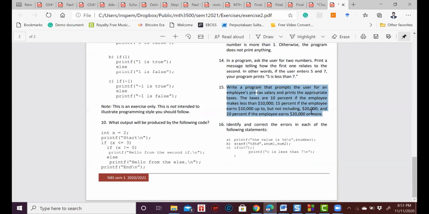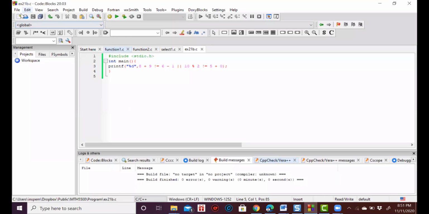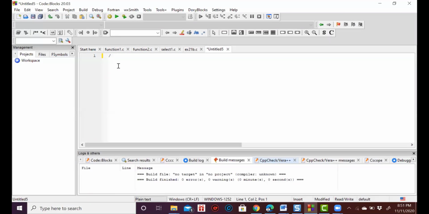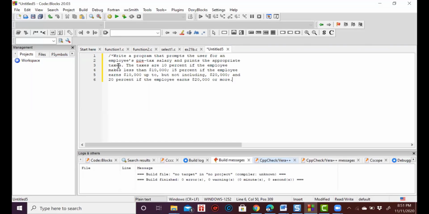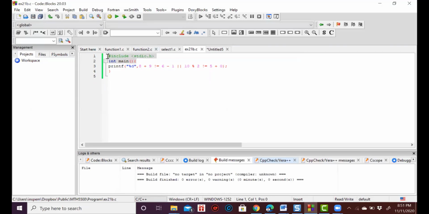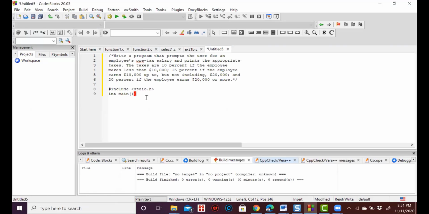How to program this one? Okay, we go to the editor, then we put it. Copy this one. Okay. Write a program that prompts the user for employee pre-tax salary.